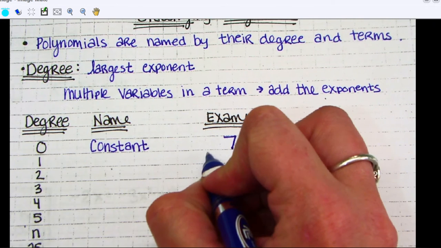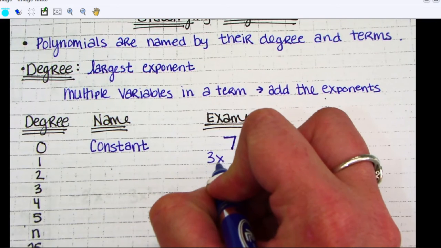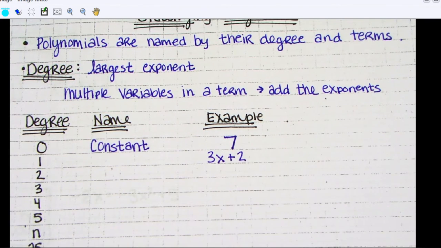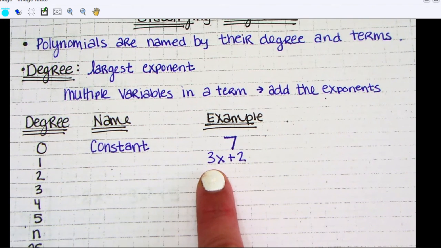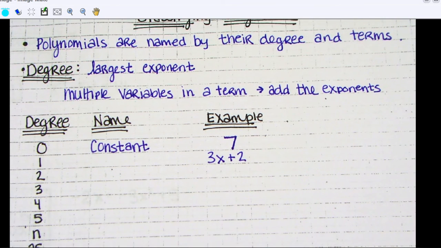What about a degree of 1? An example could be 3x plus 2. What do we call something with a degree of 1? Coefficient is the number in front of the exponent. But if our exponent is just 1, envision graphing that. If I graphed 3x plus 2, what would that look like?